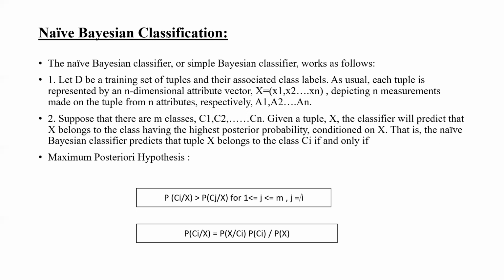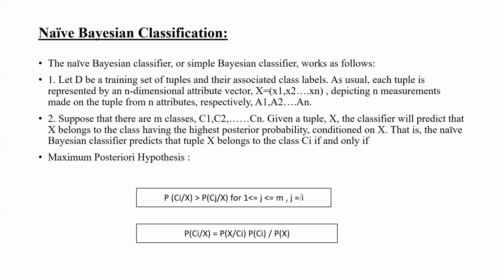In order to understand in depth how classification is done in the naive or simple Bayesian classifier, we'll assume that D is a set of tuples with their associated class labels. As usual, each tuple is represented by an n-dimensional attribute vector, X = (x1, x2, ..., xn), depicting n measurements made on the tuple for n attributes. Next we assume that there are m classes, C1, C2, up to Cm.